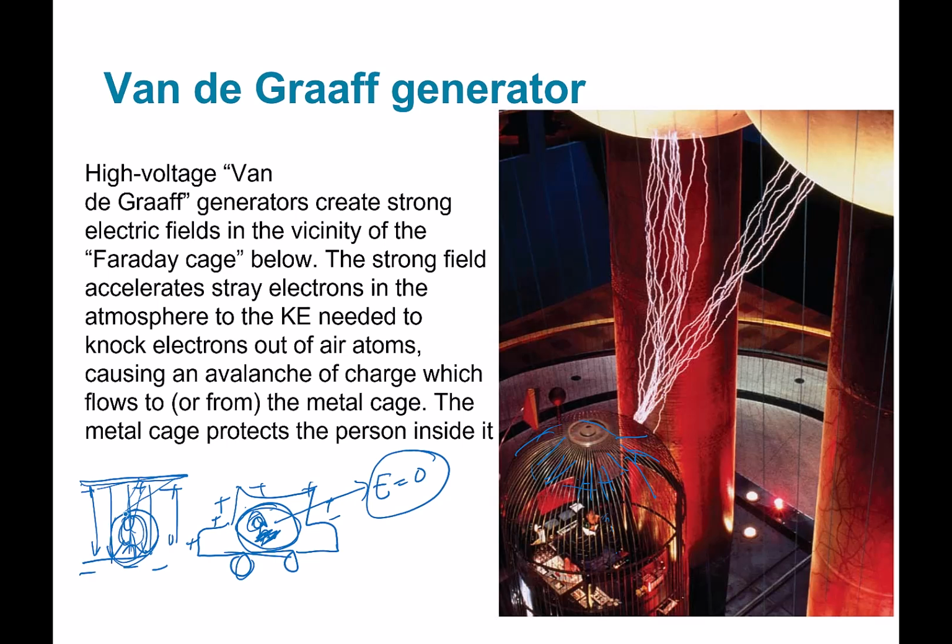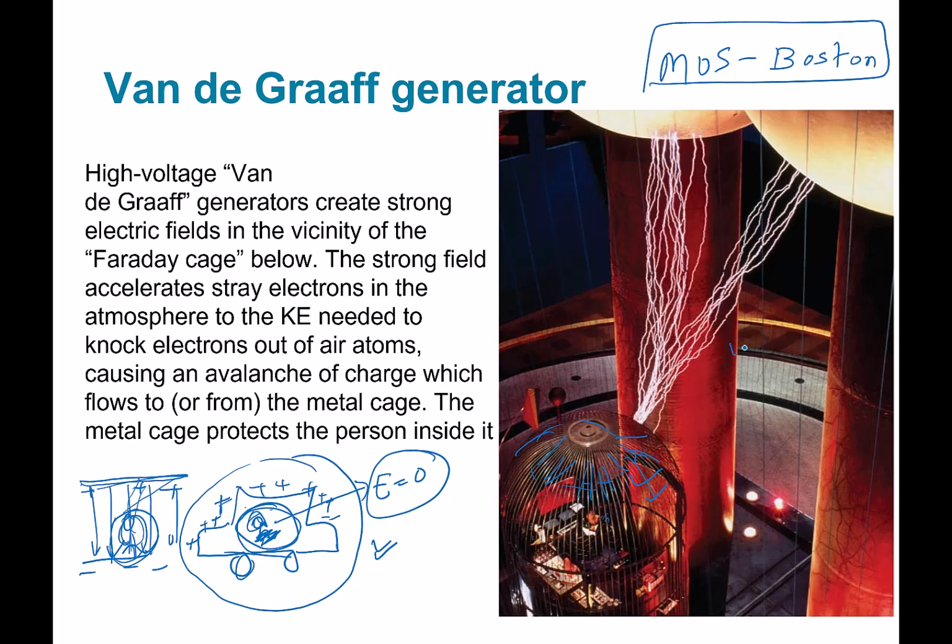Even if a lightning bolt of millions of volts strikes, you are safe inside a car, just like in the Faraday cage. The Museum of Science Boston has a very good electric show with the help of these Van de Graaff generators and Faraday cage.